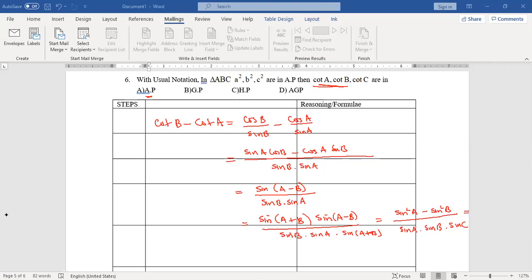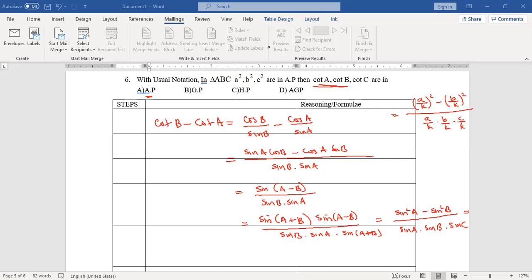So if you apply sine rule now, sine square A can be written as A by K. I'll write over here. A by K the whole square minus B by K the whole square, divided by A by K, B by K, C by K. Did you understand from where I got this? Yes, from sine rule, sir.